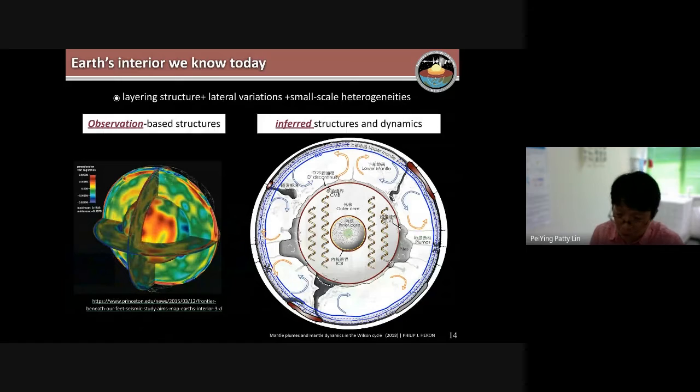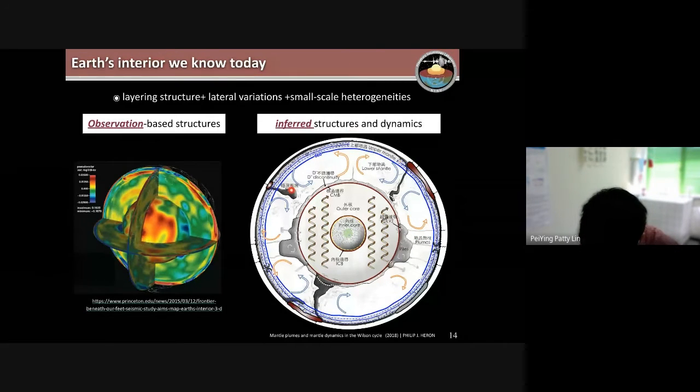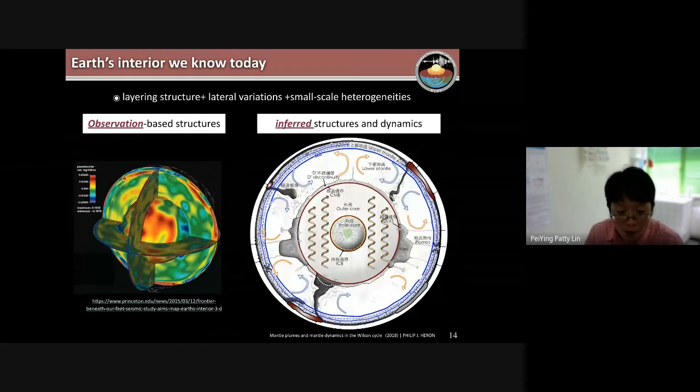Again, here is the seismological observation-based structure, and here is the inferred structure, also showing some dynamics. I want you to notice that, as I already mentioned, there are two highest anomalies, here and here. There are two giant anomalies beneath the Earth's surface at the lowermost mantle, very close to the core.